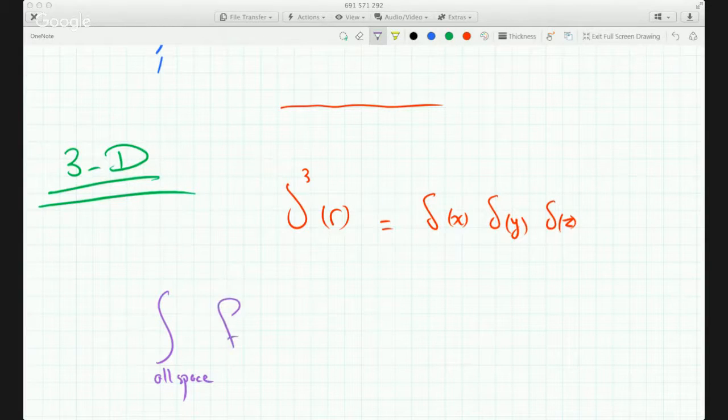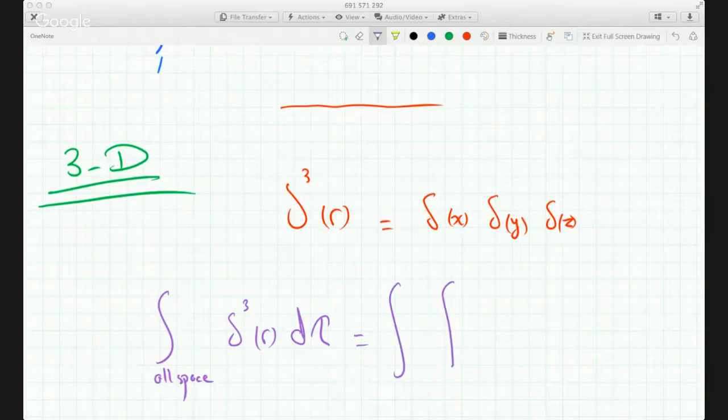So if we were to integrate this d tau over all space, this is actually made up of three integrals, and each one of them is extending from minus infinity to plus infinity.